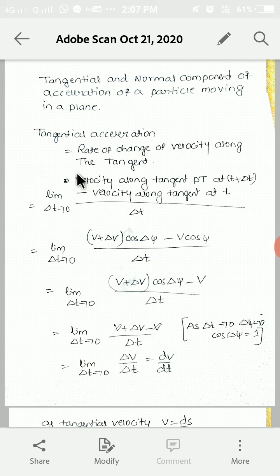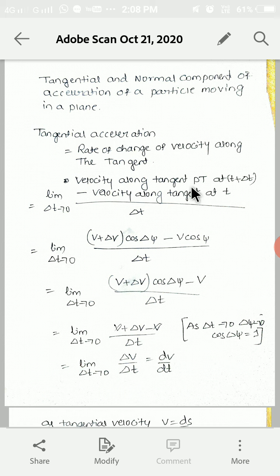Similarly, we have taken here that the rate of change of velocity, or dv by dt, is the same as the velocity along the tangent at t plus delta t minus the velocity along the tangent at t, divided by delta t, limit as delta t tends to 0.